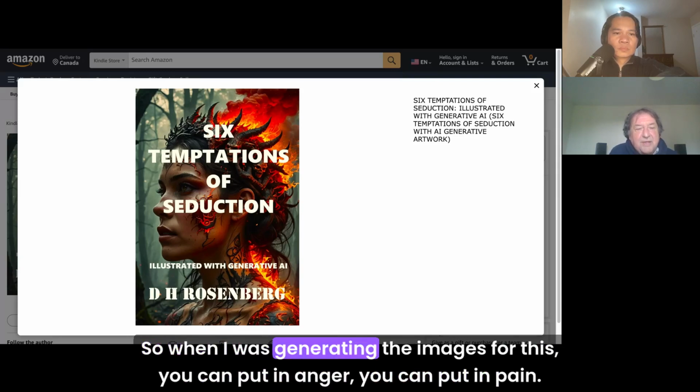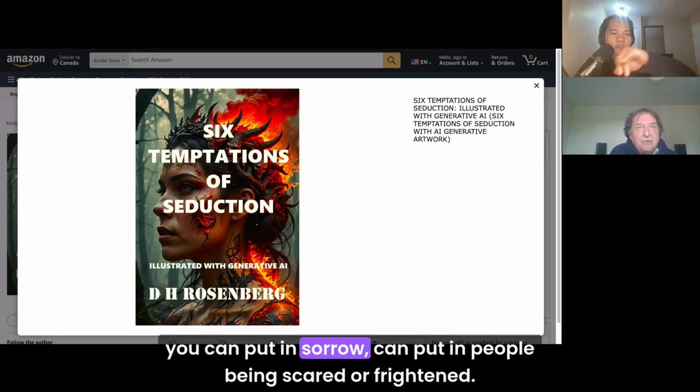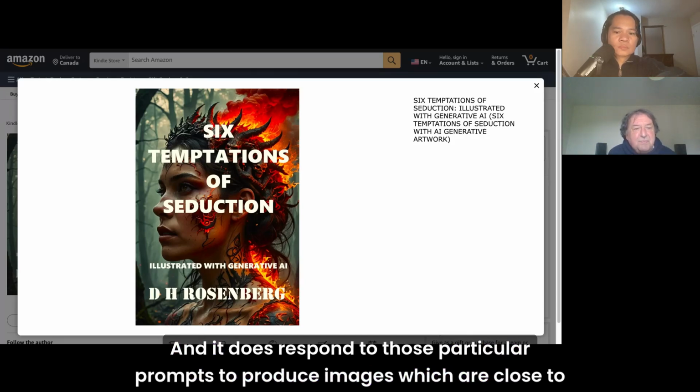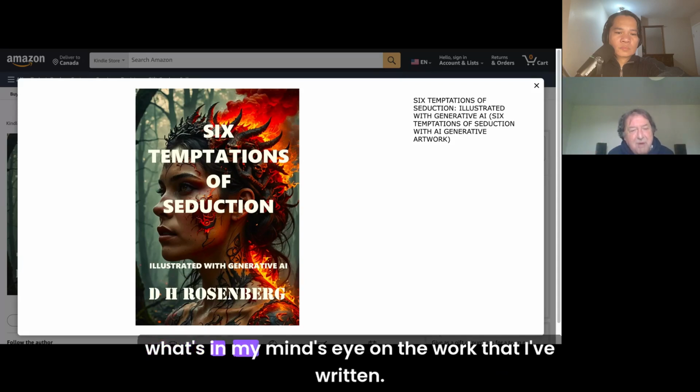So when I was generating the images for this, you can put in anger, you can put in pain, you can put in sorrow, you can put in people being scared or frightened, and it does respond to those prompts to produce images which are close to what's in my mind's eye on the work that I've written.